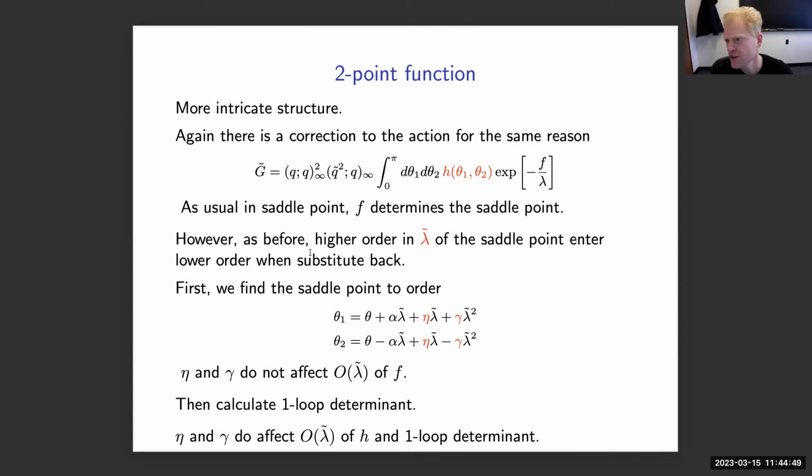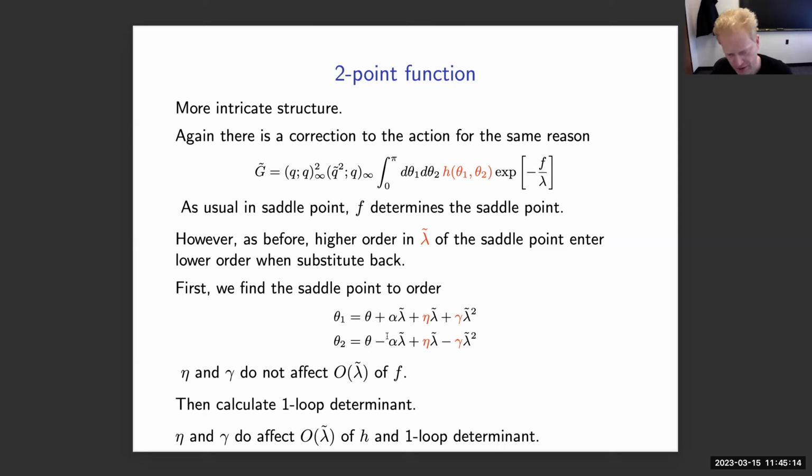There is this strange effect. So if we're interested up to order lambda tilde, we need to work up to order lambda tilde squared in these saddle point values. So in addition to these thetas and alphas, we also need to determine this eta and gamma. These are just two other parameters that we need to fix by the saddle point equations.